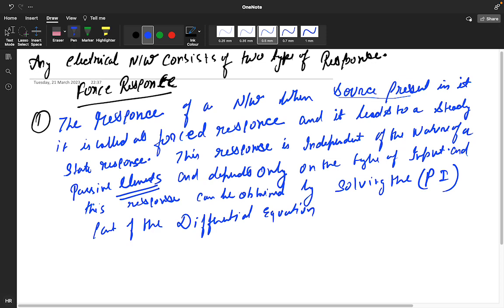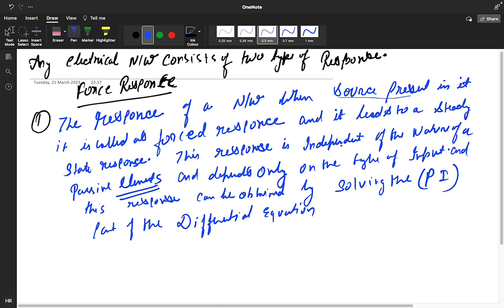So what is the meaning of a passive element? A passive element is an electrical component that does not generate power, but instead dissipates, stores or releases it. Passive elements include resistance, capacitor, or a coil. So all your RLC networks are passive elements.